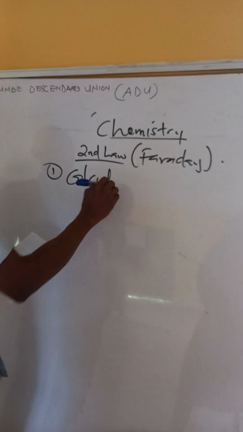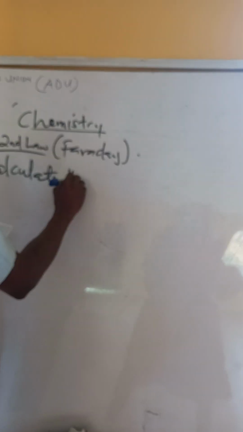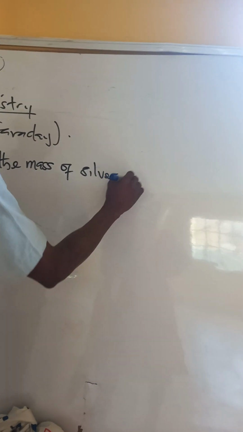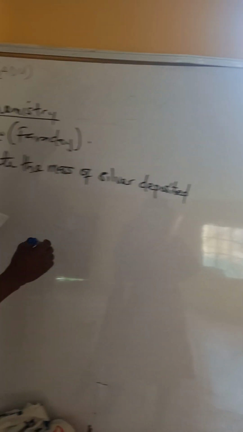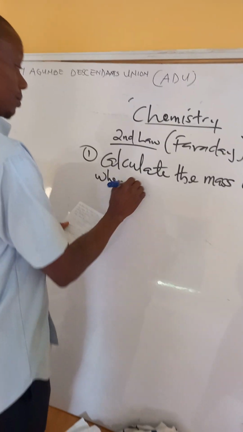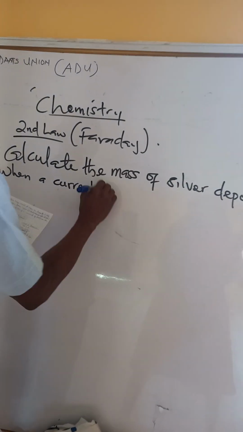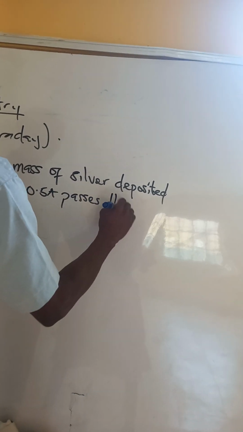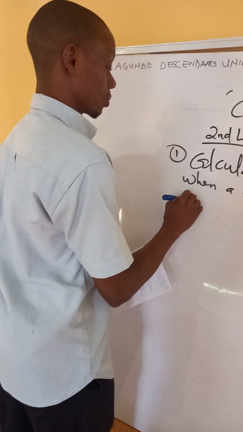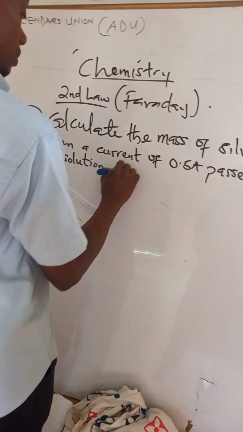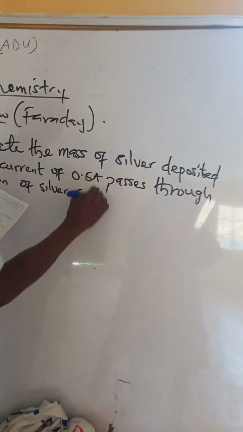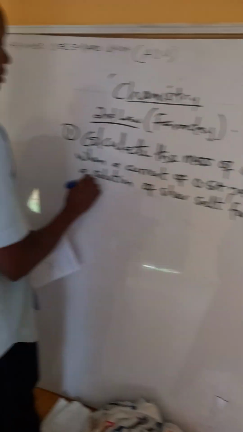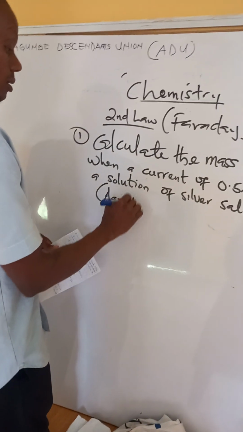Calculate the mass of silver deposited when a current of 0.5 ampere passes through the solution of silver salts for 50 minutes, given that the molar mass of silver is 108.